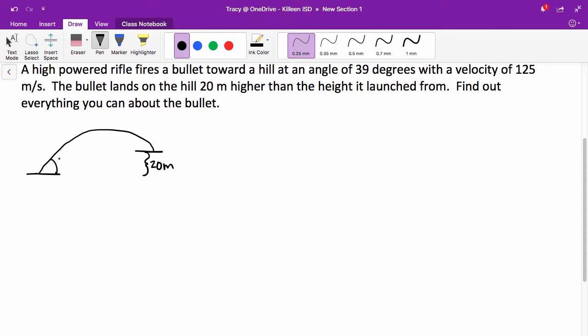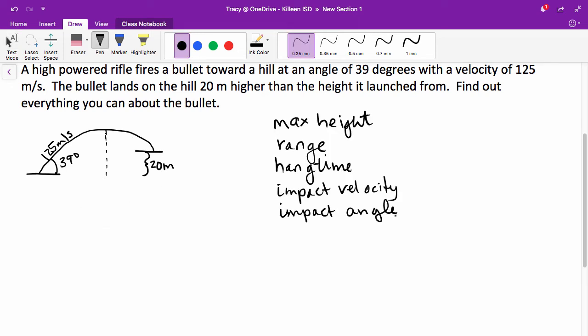And we said this angle was 39 degrees with a launch velocity of 125 meters per second. The middle is somewhere in there. And we need to figure out everything. Okay, so max height, range, hang time, impact velocity, and impact angle.